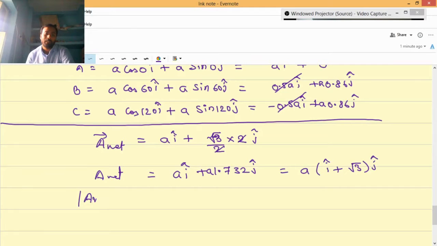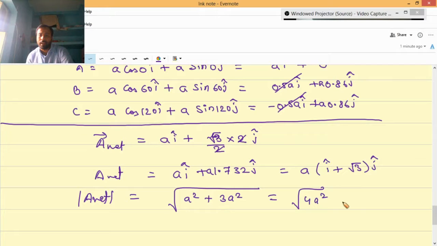Now, in order to have the magnitude, under root it will be a square plus root 3 a square, so 3a square, which is just under root 4a square, so its value will be 2a. So the amplitude will be 2a.